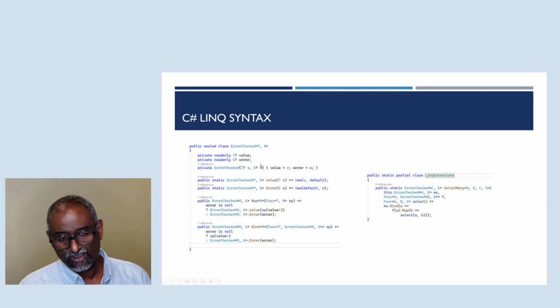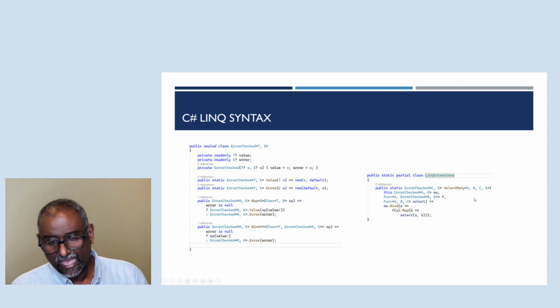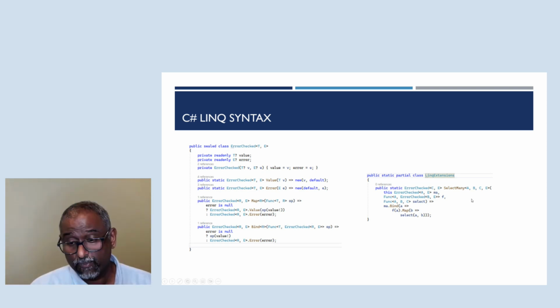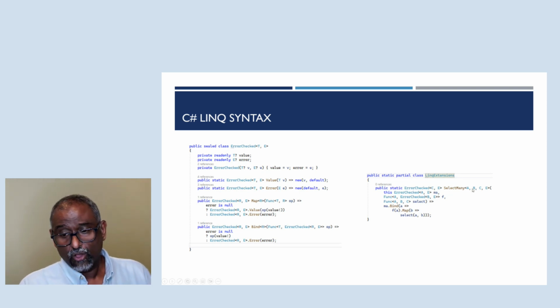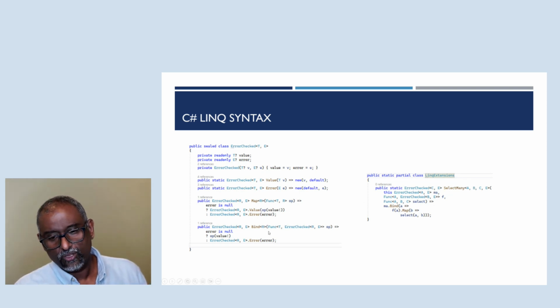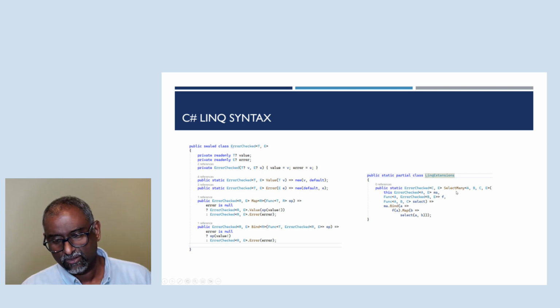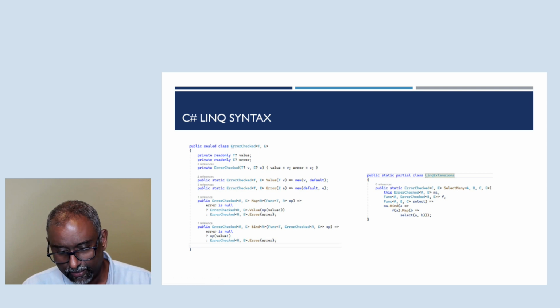So the caller can't do anything with this value except call map or bind on it by passing in an appropriate lambda. And due to the brilliance of people like Eric Meyer and people who built Linq, all you have to do to basically provide some syntactic sugar is to implement this select many method on it.